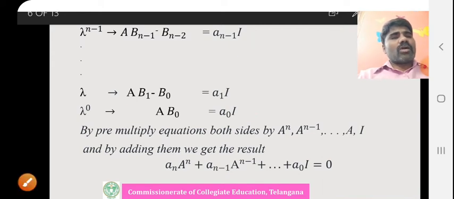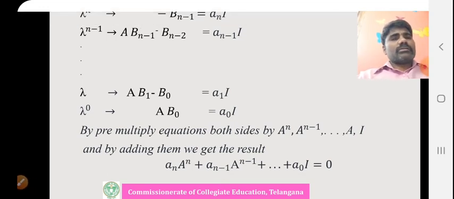Now pre-multiply all these equalities by A power n, A power n minus 1, up to A, and I respectively, and add them on both sides.